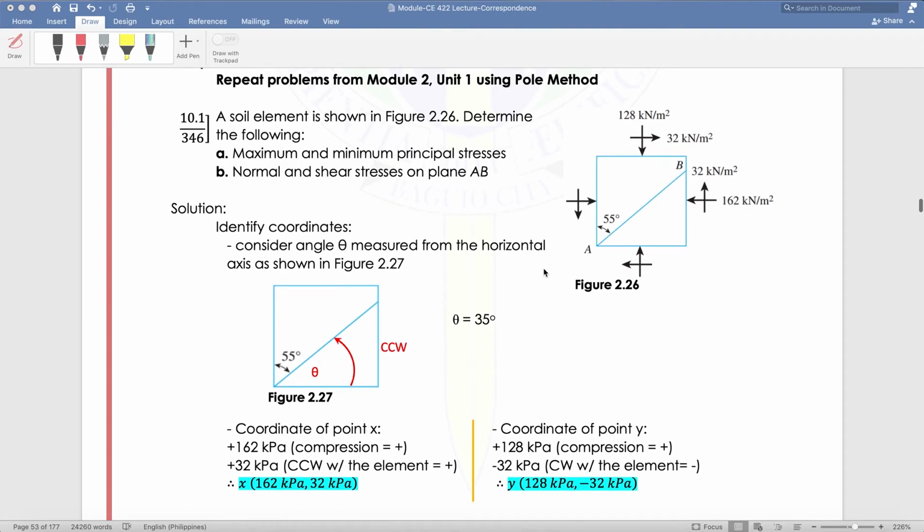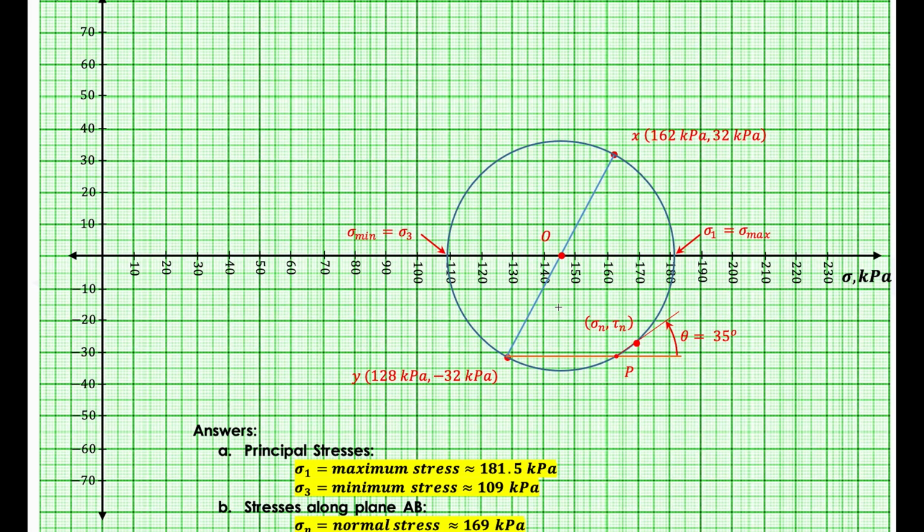Okay. So these are our coordinates. What we need to do is to plot them. So plot the coordinates of point x and the coordinates of point y. Then connect them with a straight line. After connecting it, that is now our center. I can now draw my circle using a mechanical tool.